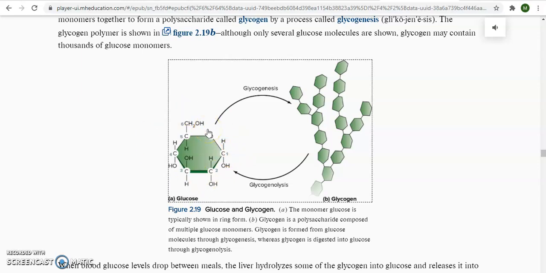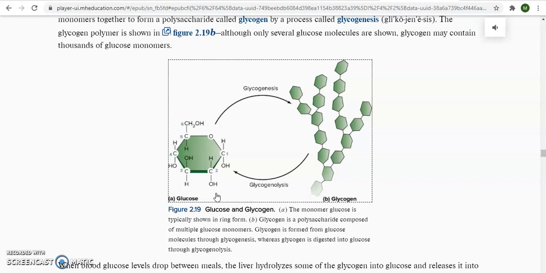So one of the pieces of information you should know about carbohydrates is what atoms make up carbohydrates. And so it's carbon, hydrogen, and oxygen. So in this entire molecule, there are 3 atoms, carbon, hydrogen, and oxygen.